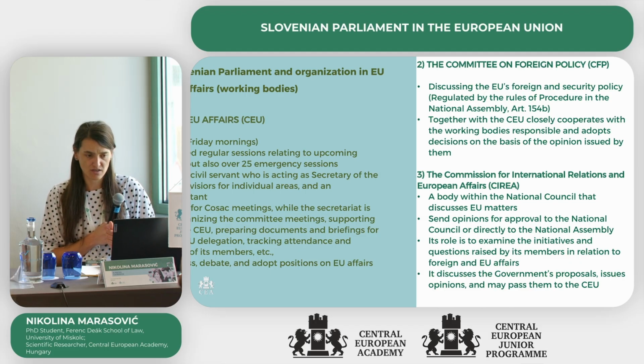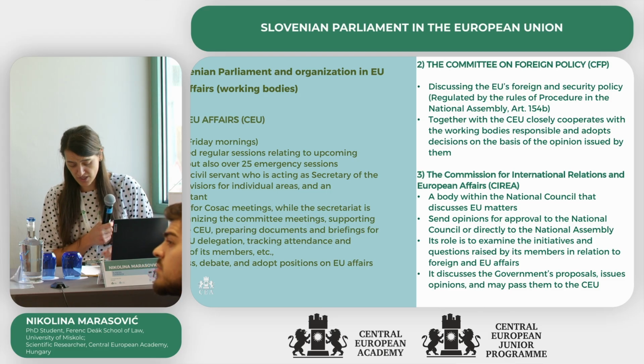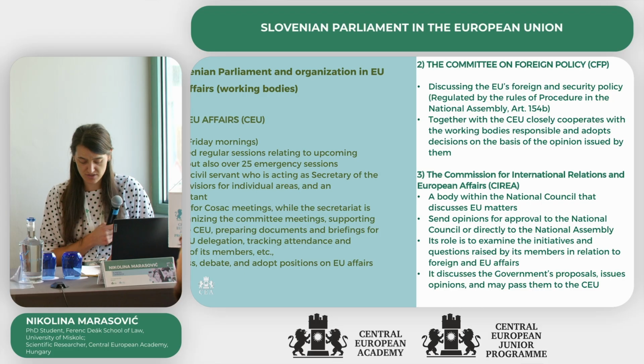It also discusses the government's proposals, issues, opinions, and may pass them to the Committee of European Union Affairs at least 2 days before the meeting at which this committee adopts a relevant position.